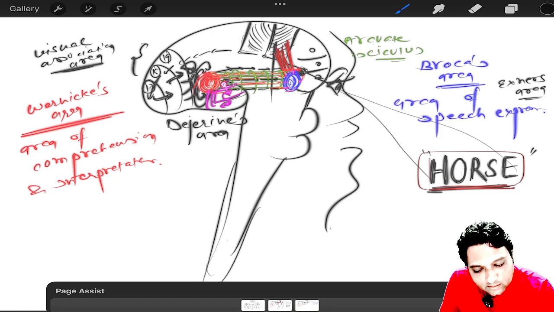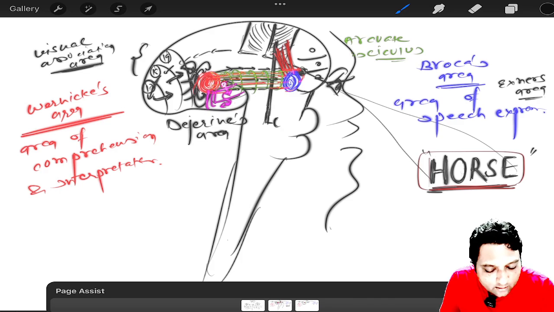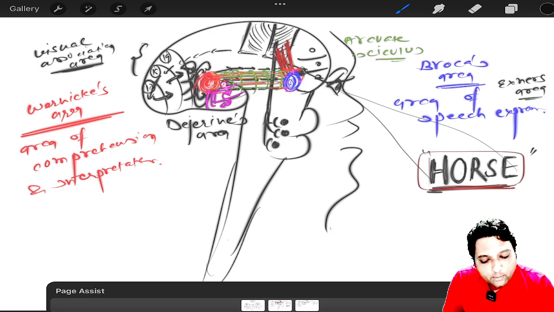These fibers control motor nuclei present in the brainstem. Now, suppose this is your fifth nerve. It has mesencephalic nucleus and spinal nucleus.